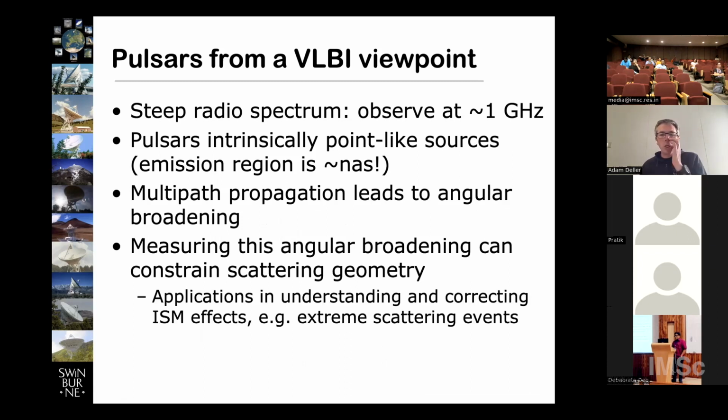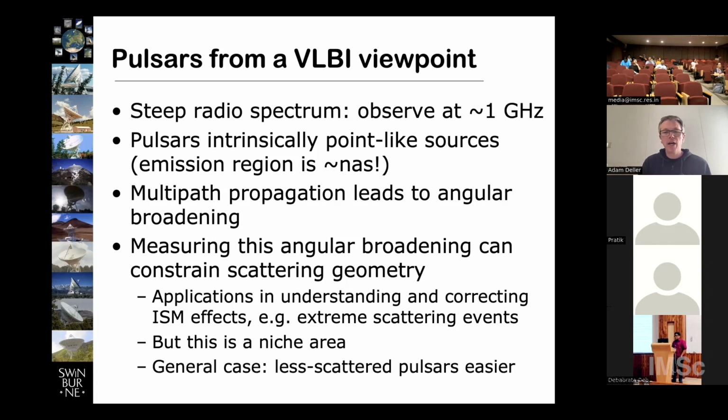And you can use that to understand and correct for some ISM effects a little bit better than you could without that information. Things of interest might be extreme scattering events, perhaps, and actually imaging the structure of scattering screens as well. But I think that's really a bit more of a niche area.